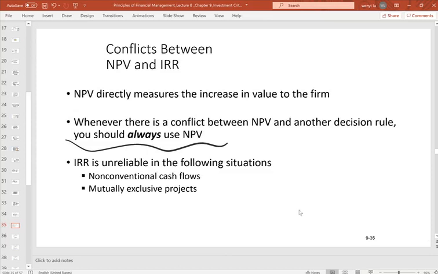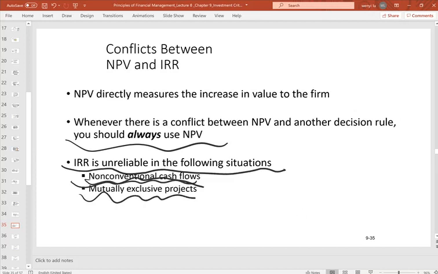IRR is not very reliable in the following situations: non-conventional cash flows and mutually exclusive projects. Non-conventional cash flows means the sign of the cash flow changes more than once.